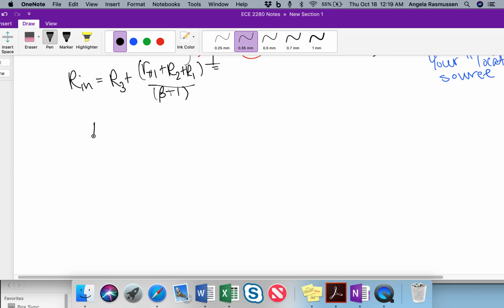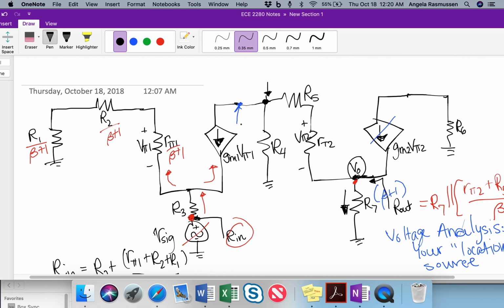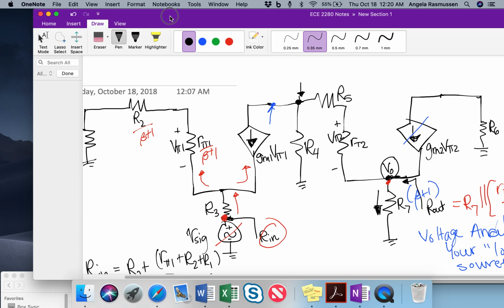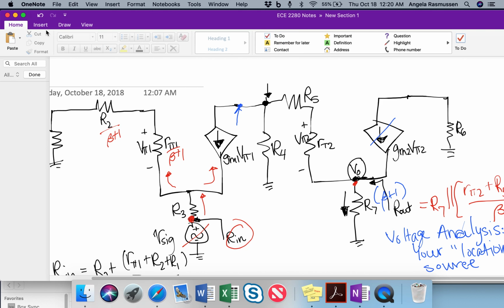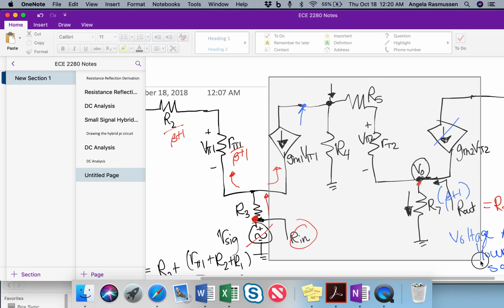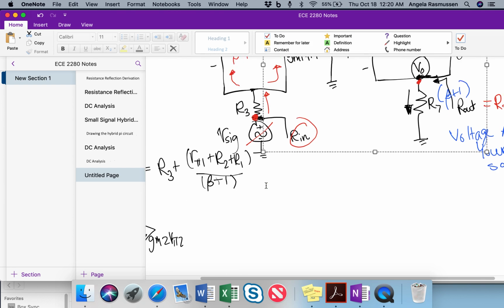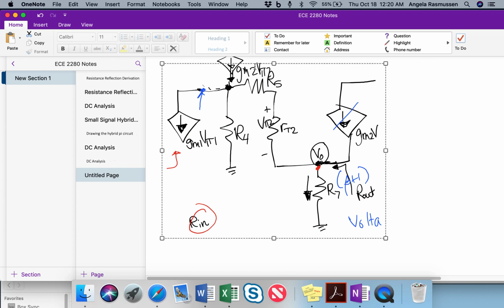So I'm just going to redraw that circuit down here. So here's that part of that circuit.